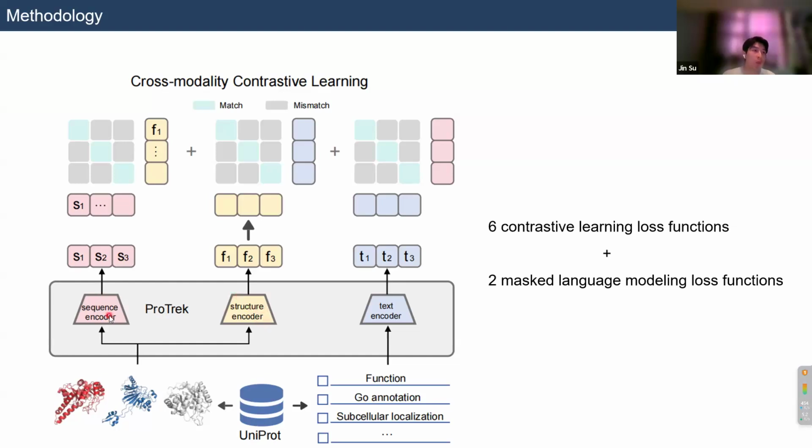During training, the sequence and the 3Di sequence were randomly masked at 15%, and the model is expected to recover these masked tokens. So here are the total loss functions we adopted during pre-training: 6 contrastive learning loss functions plus 2 masked language modeling loss functions.